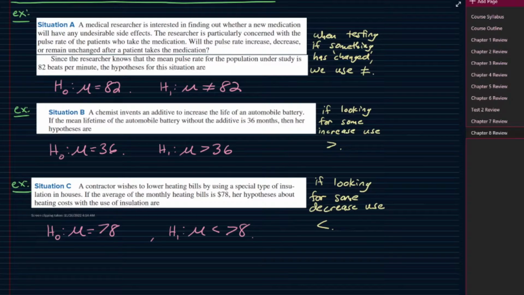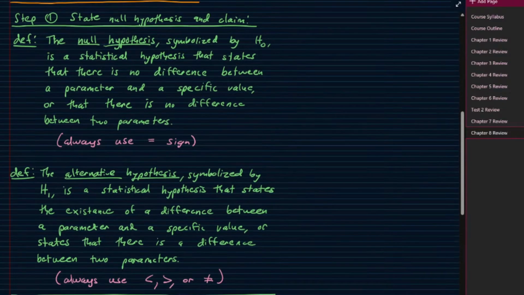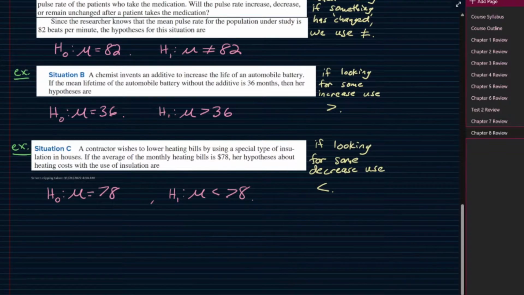When they're testing if it's greater than or less than some actual value, we use greater than or less than. And that's pretty much step one of the hypotheses test. Always you have H sub 0 using equal sign, H sub 1 using not equal to, greater than, or less than.